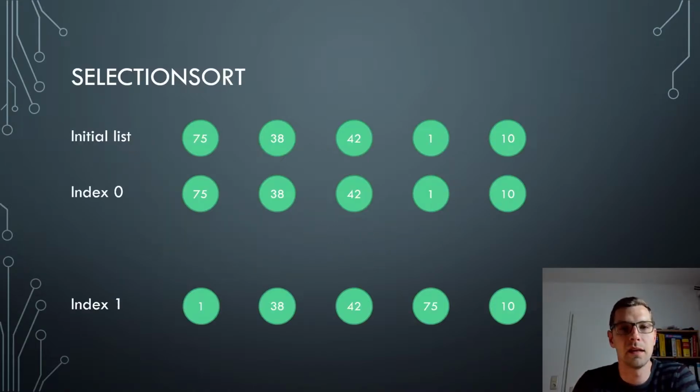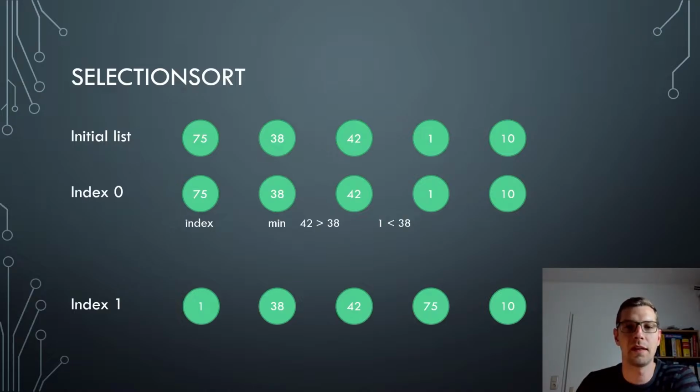We have here an example with an initial list of 75, 38, 42, 1 and 10. So we set our index at 75 and our minimum at 38. Then we check: is 38 smaller than 42? Yes it is, so we don't have to do any swap operation there or set our minimum somewhere else.